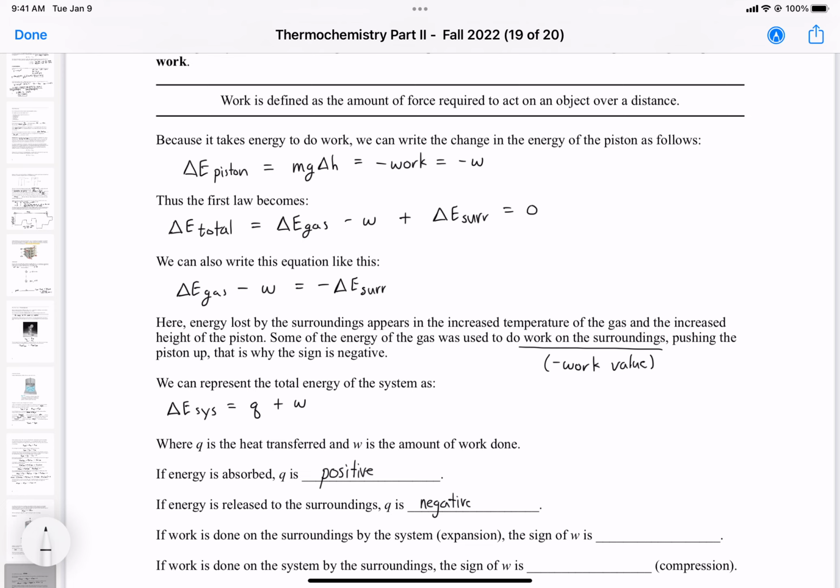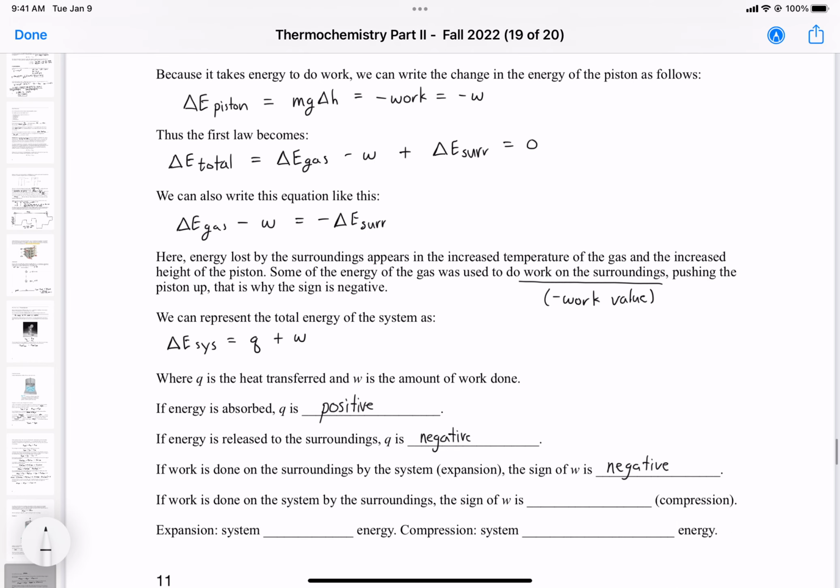When you heat up a gas in a balloon, the balloon expands, and that's because the gas is doing work on the balloon, expanding its volume, because it can expand. It's elastic, right? So the sign of W in this case is negative. It's negative because we're using energy from the system and transferring it to the surroundings, and that's why the volume increases. So in this case, it's going to be negative.